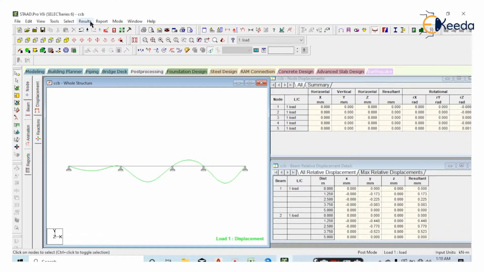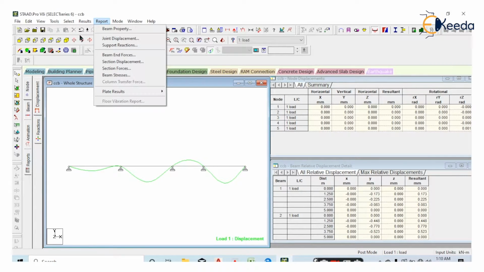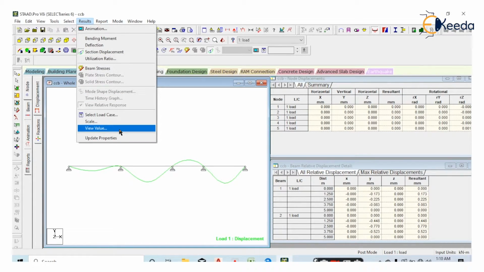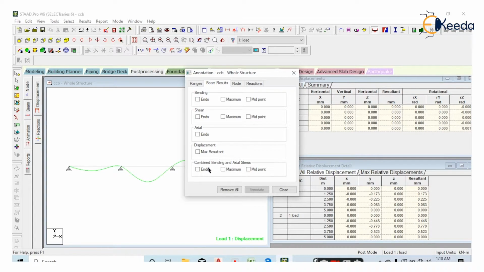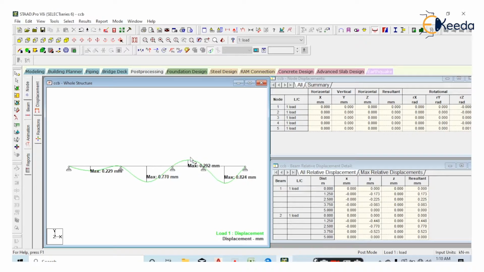Just go to results, view value, beam results and maximum resultant displacement. Just check mark on that box and click on annotate. You can see all the maximum values of deflection for all the beams are displayed on the screen.